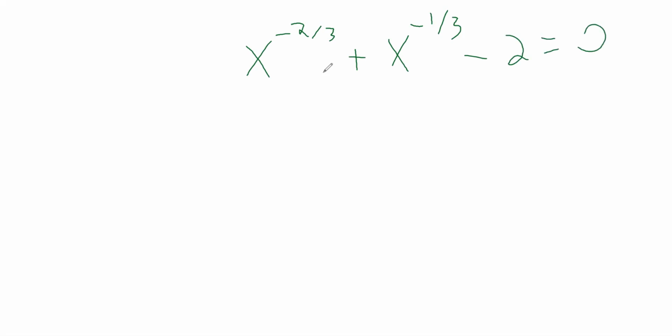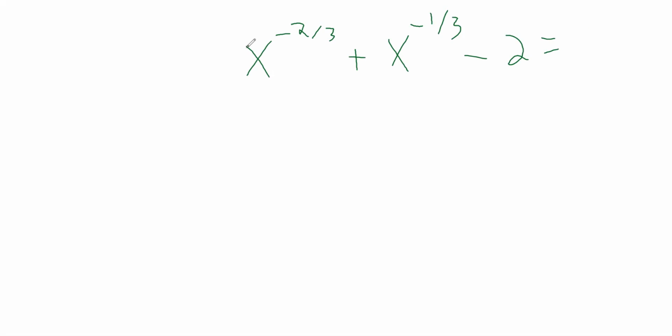Negative exponents. So let's look at the equation. x to the negative 2/3 power plus x to the negative 1/3 power minus 2 equals 0.